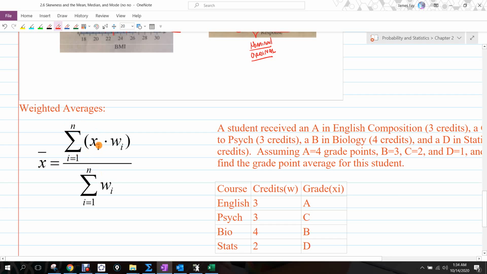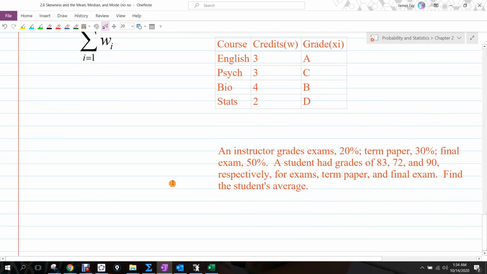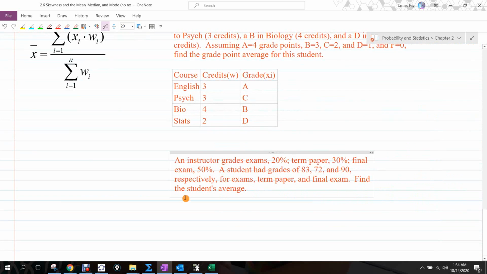But now we have X sub i, which is the data point, now times w. w stands for the weight. And now instead of dividing by n, we're going to divide by the sum of our weights to find our weighted average. So I just have a couple examples here. I think maybe the second one here is probably the easier one, and these aren't in your notes. You might have to write these down.